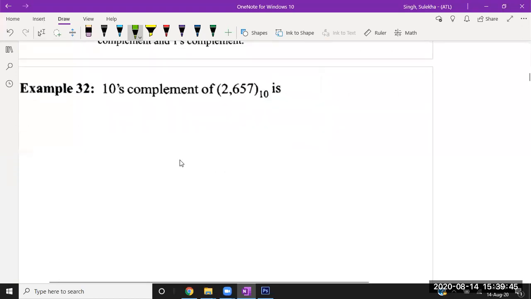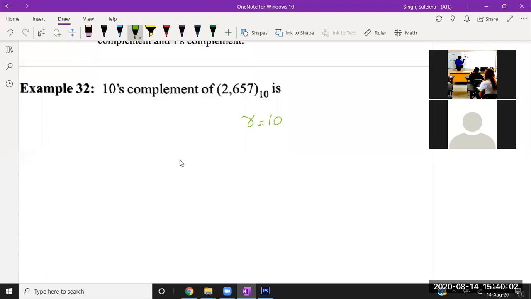First we will take one example of the decimal number system. We start with the decimal number system whenever we start any new topic. I am taking one example where we need to calculate tens complement. In this case, our base is 10, so the value of R is 10, and we need to calculate tens complement.